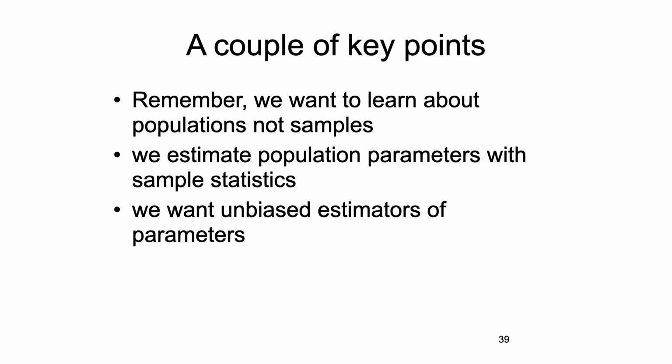In fact, what that basically says is over an infinite number of trials, the error will all cancel. So it'll overestimate as much as it underestimates. That's what an unbiased estimator does.